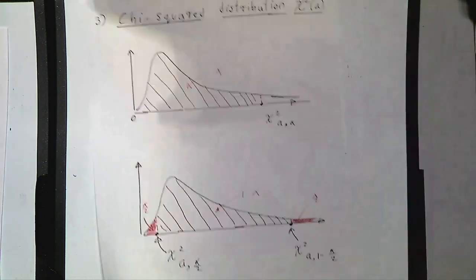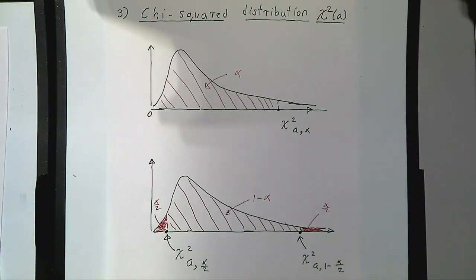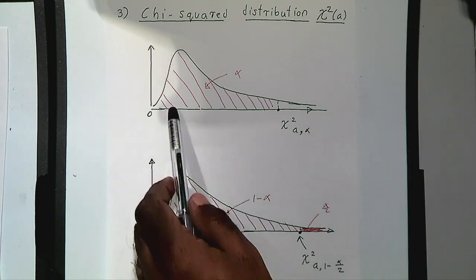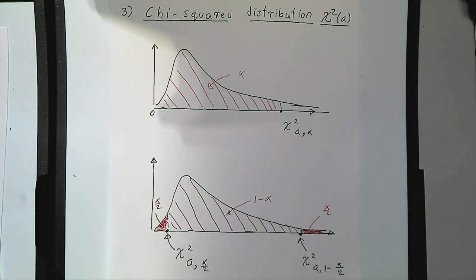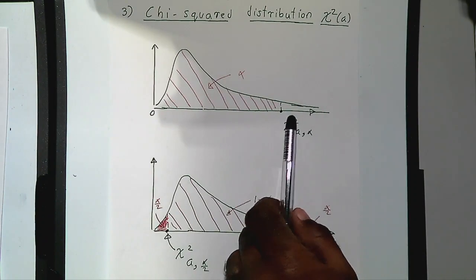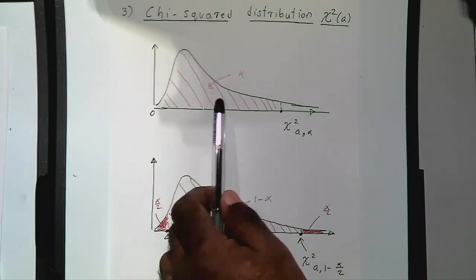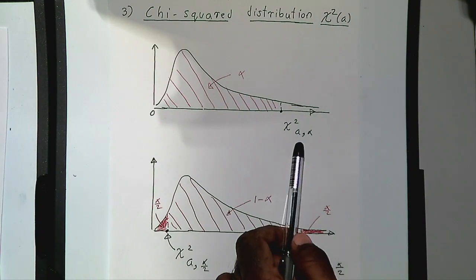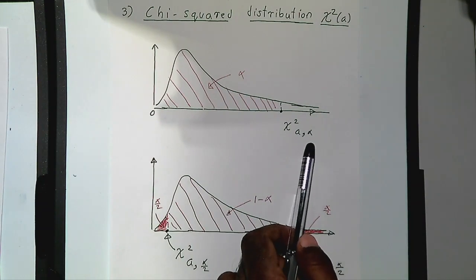And then I talked about, I'm kind of summarizing what I did on Monday. I talked about the chi-square distribution, which we talked about a long time ago. This is the typical shape of the PDF of a chi-squared. And if there's a point here, and if to the left of it there's an area of alpha, then this point is denoted by chi-squared subscript nu comma alpha.